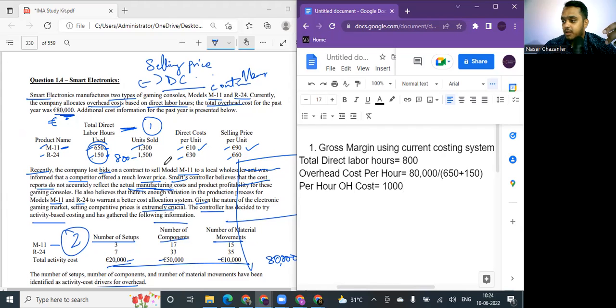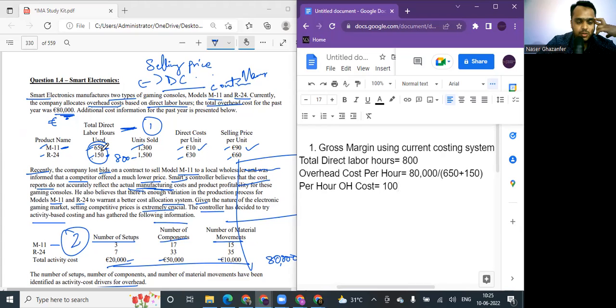Sorry, 80,000 divided by 800 is 100, not 1,000. Sorry for that. So overhead cost, in total, I am getting 100 per hour.